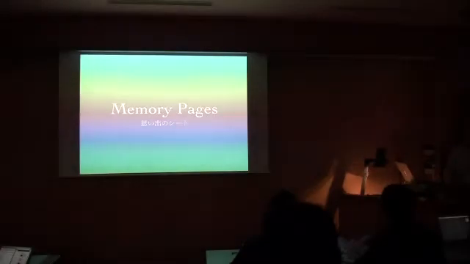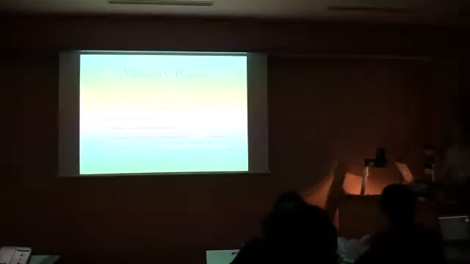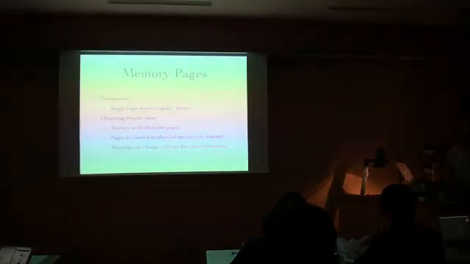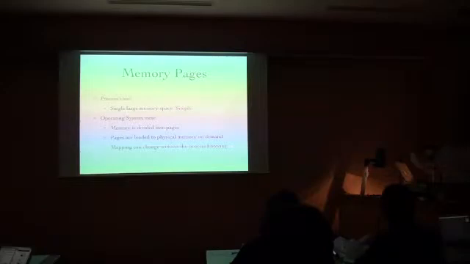So to explain about what's resident and what's not resident, I need to talk about memory pages. From the process's point of view, memory is just one large contiguous span of address space that it can use however it likes. From the system's point of view, it's divided into a lot of pages.